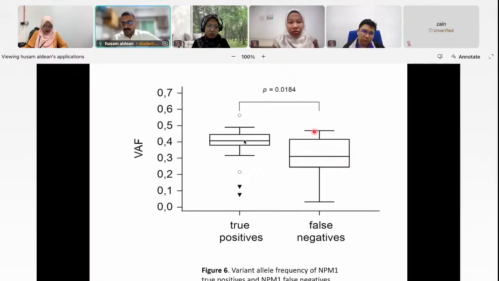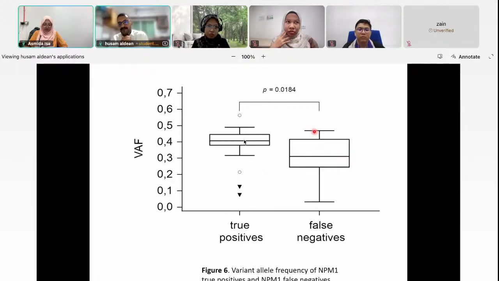So just to clarify the variant allele frequency between the cells the model classified as NPM1 mutation and the cells that are NPM1 mutation but misclassified by the model. All of it here, true positive and false negative, are NPM1 mutation cells. But because of the low variant allele frequency, the model misclassified them as wild type NPM1.